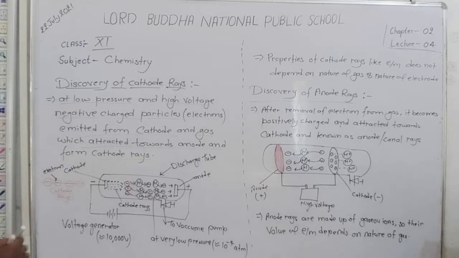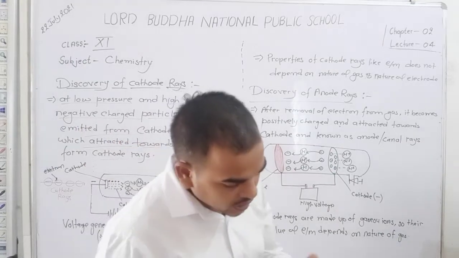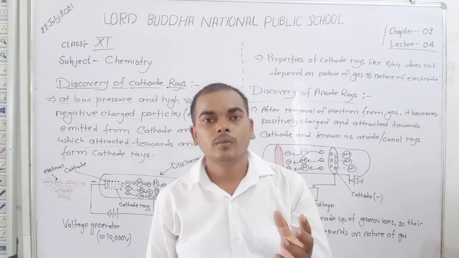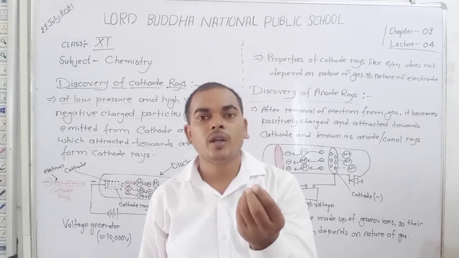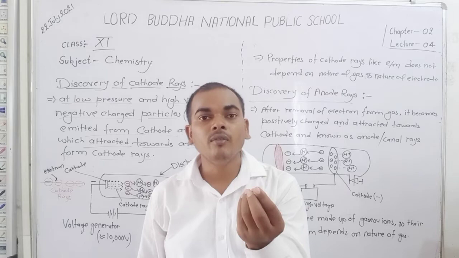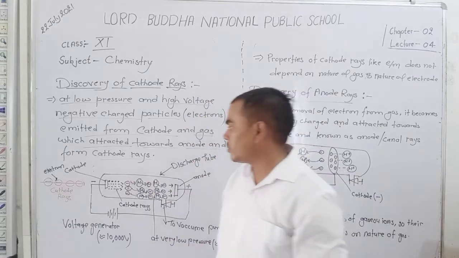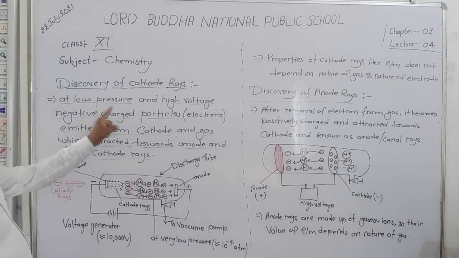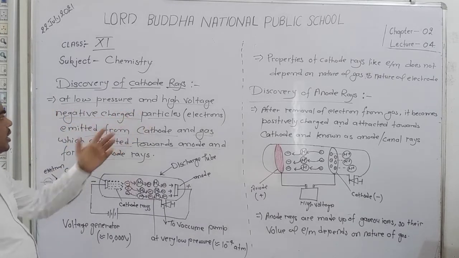It means cathode rays are made by electrons. Cathode rays are a group of negative charge particles, or cathode rays are a group of electrons. Now we say that cathode rays consist of electron particles that have negative charge. Okay, student, I think you understand the description given here.